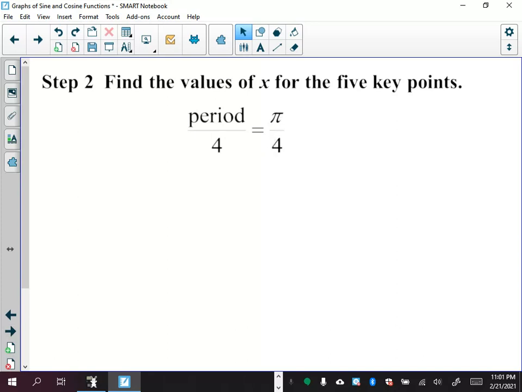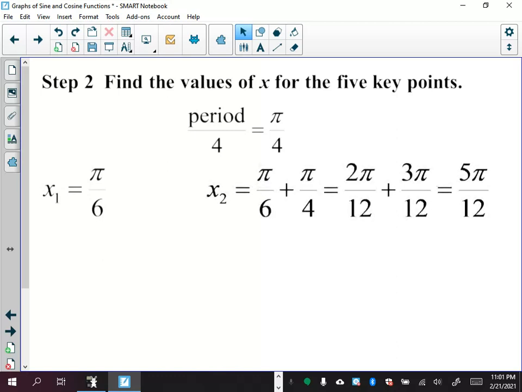So this is where, if you're not really good with fractions, this might be a pretty good place to look at your calculator and see. Remember, this piece here is your x scale. Pi over 4 would be your x scale. And so you're going to start with pi over 6. And then we go pi over 6 plus our first key point here.